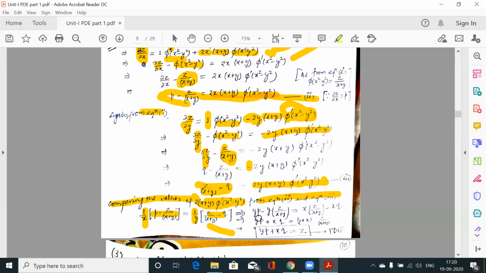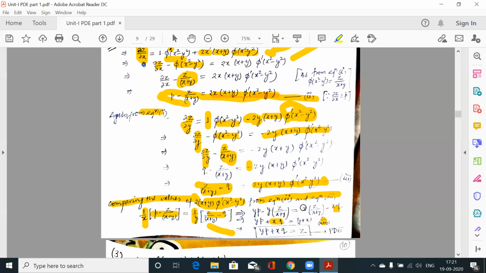Then yp and this x cube I have shifted on the left hand side, and this term I have shifted on the right hand side. So this is because z over x plus y is common to both of the terms. If this goes on this side, z over x plus y is common, and the remaining part is minus y.